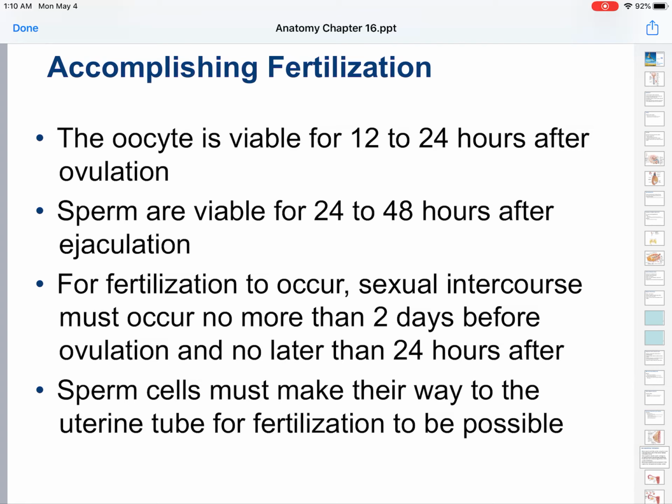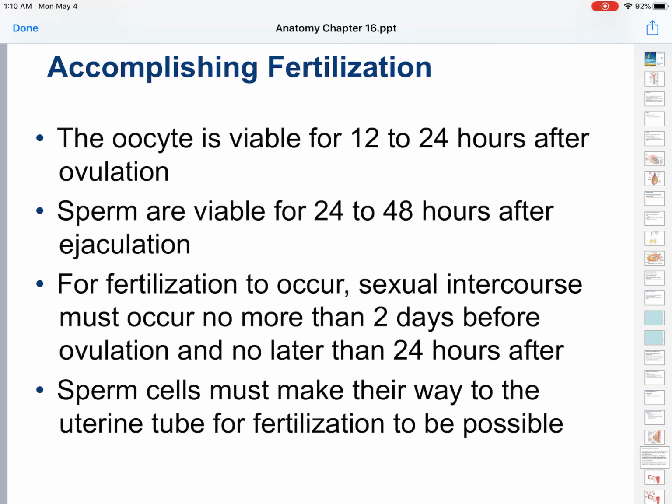For fertilization to occur, the sperm must be ejaculated no more than 2 days before ovulation and no later than 24 hours after, which means in almost every single case, there are only 3 days that pregnancy can occur out of the month.